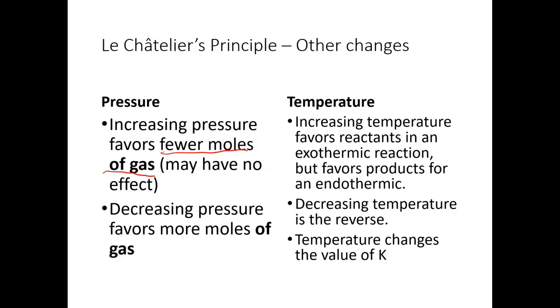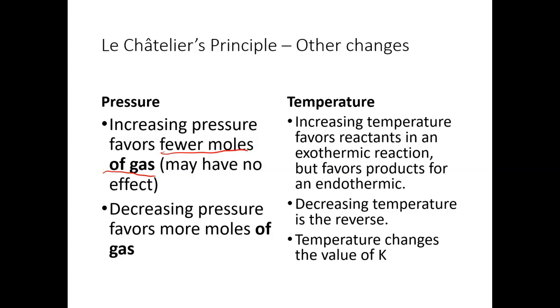If you decrease the pressure, it'll favor the side with more moles of gas. Increasing the pressure is also like decreasing the volume. Remember how pressure and volume are related. Essentially, you're squishing it. The moles of gas take up a lot of space, so if you decrease that space, it's going to favor the side that has fewer moles of gas because it's easier for it to fit into that smaller space.